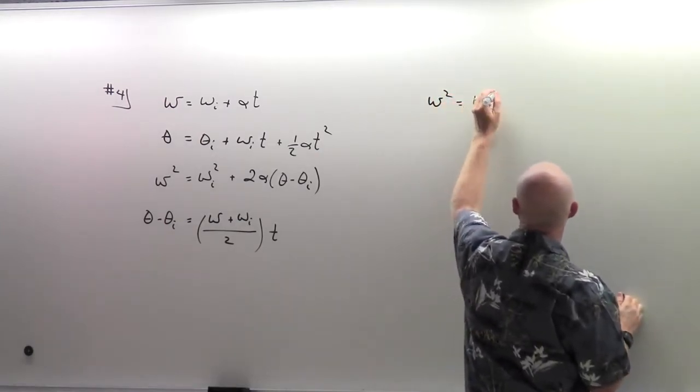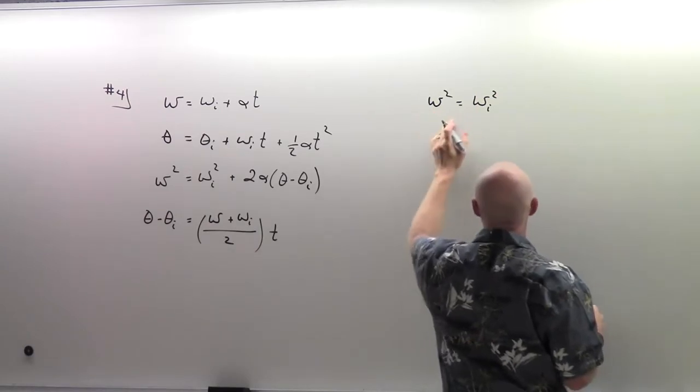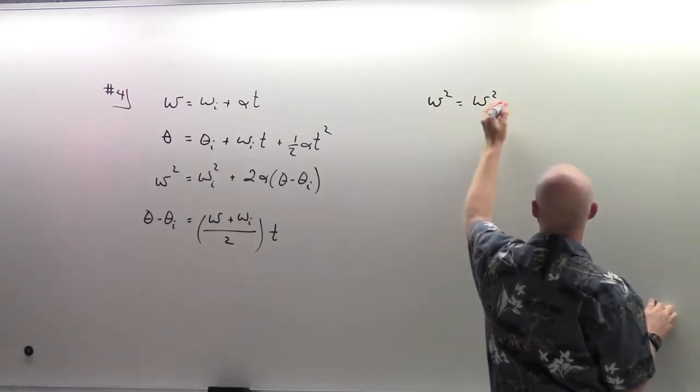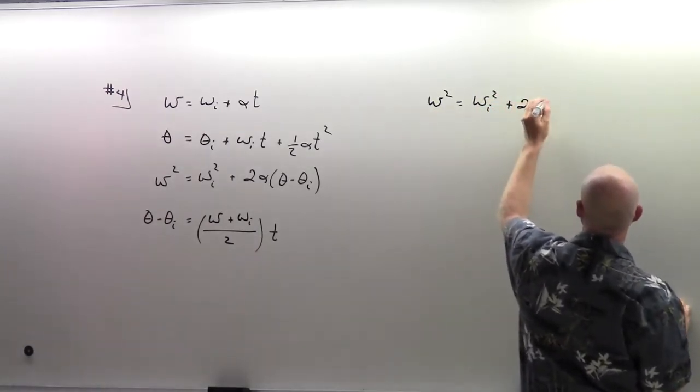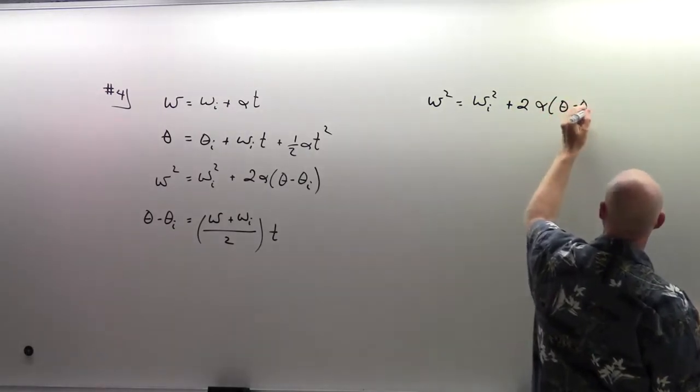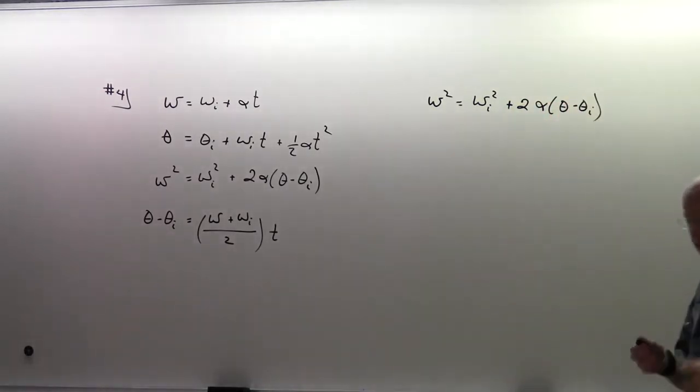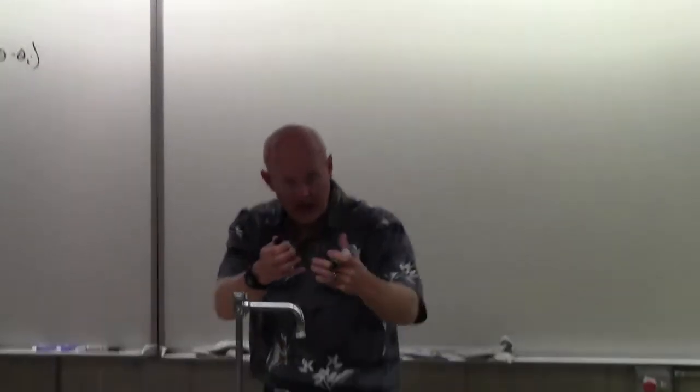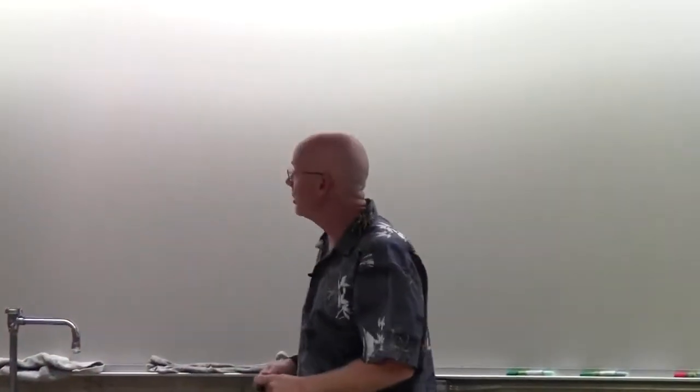The final speed squared is equal to the initial speed squared plus 2 times the acceleration times the distance traveled, or in this case, angle rotated, since we're talking about rotation.